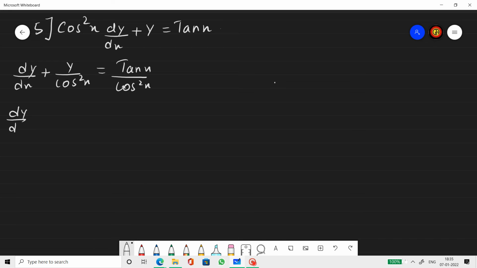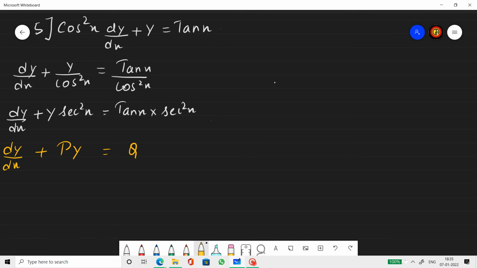So dy by dx plus y, 1 by cos square x is sec square x, and tan x by cos square x we can write as tan x into sec square x. Now, this is the dy by dx plus py equals q form. P and q must be in terms of x.